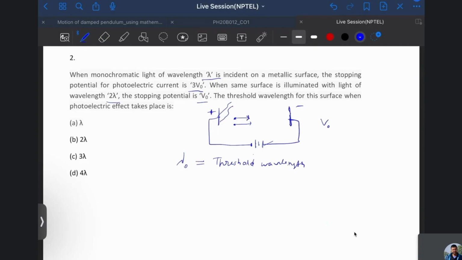First, for the wavelength lambda, we can write the photoelectric equation: hc by lambda is equal to the work function plus the kinetic energy. As I told you, the work function is given by h nu naught, which is hc by lambda naught, with the threshold wavelength.